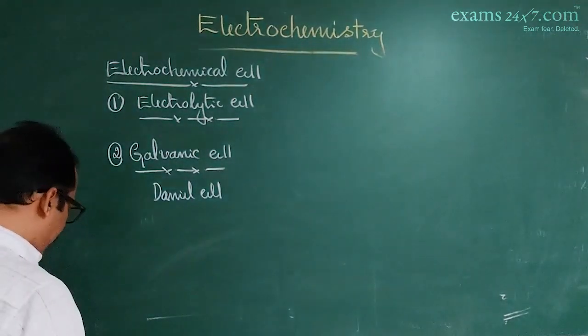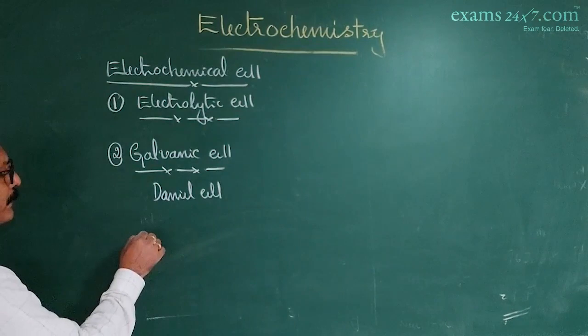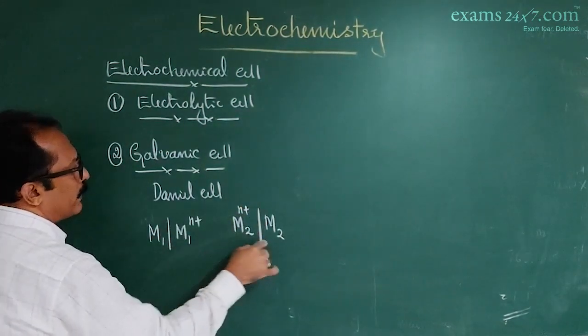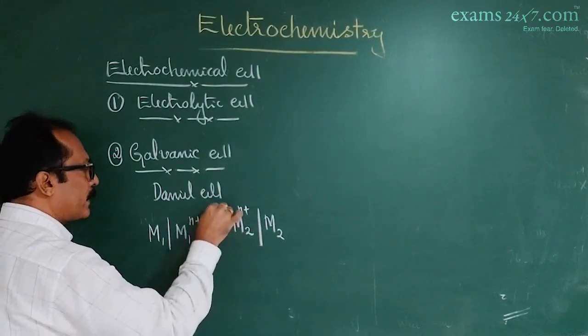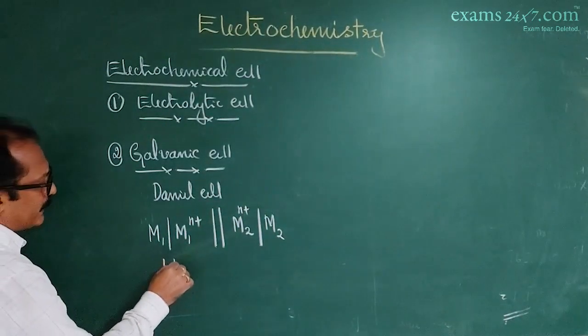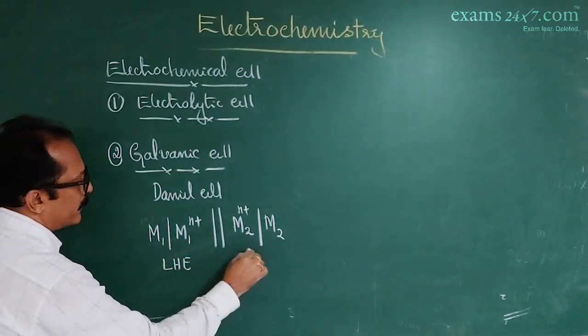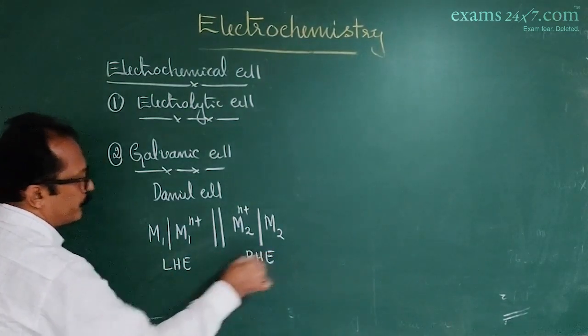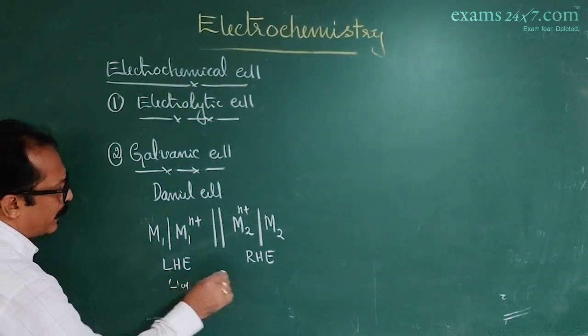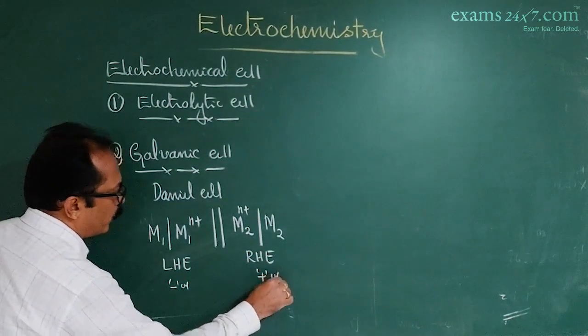Now, about the general representation of the Daniell cell: metal 1 and metal 2 are connected through a salt bridge. This acts as the left hand electrode and this acts as the right hand electrode. This is the negative electrode and this is the positive electrode.